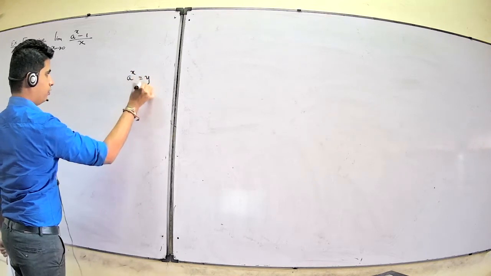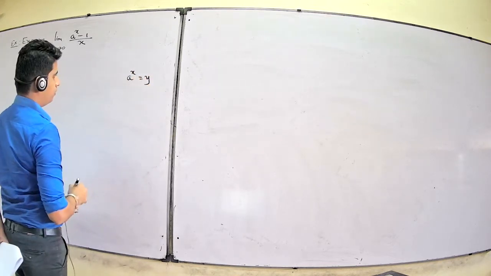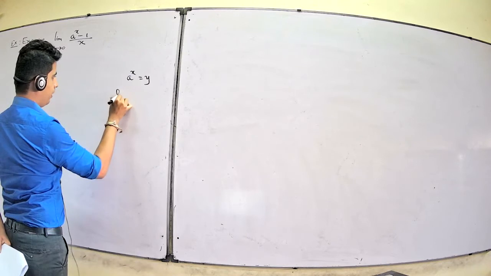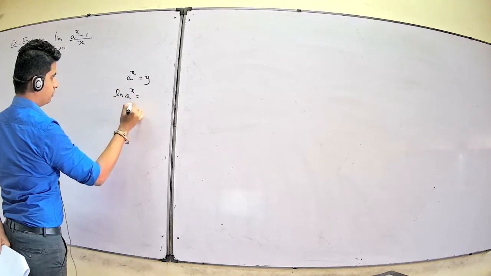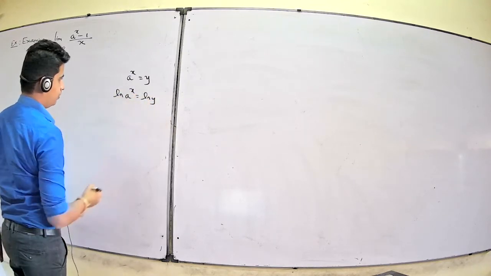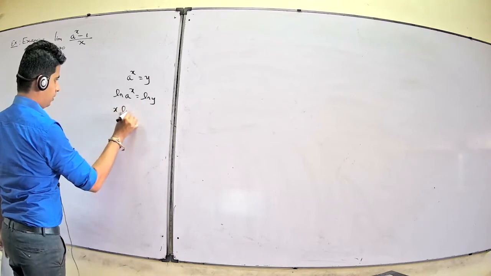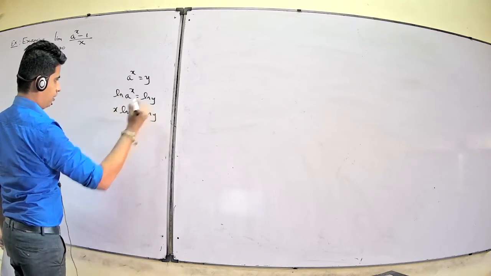You put a power x equal to y. Think about this one. You take ln on both sides: ln a^x equals ln y, so x ln a equals ln y.